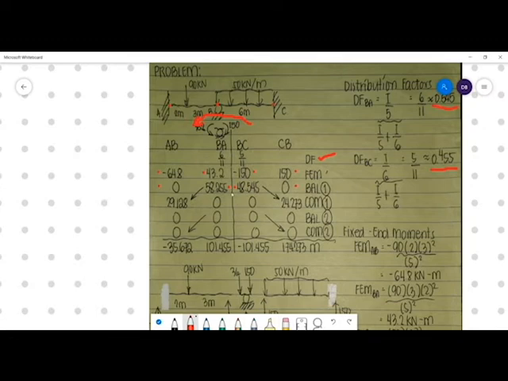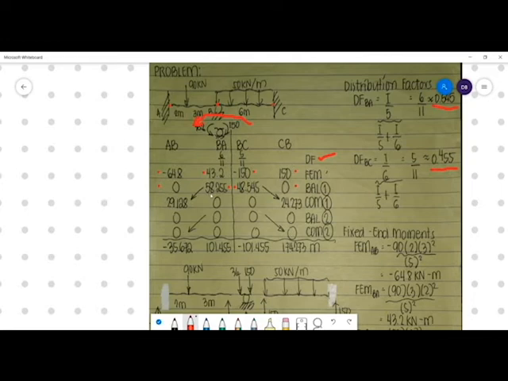Okay? So when we allow movement at joint B, the balancing moment will also cause a moment on the other side.